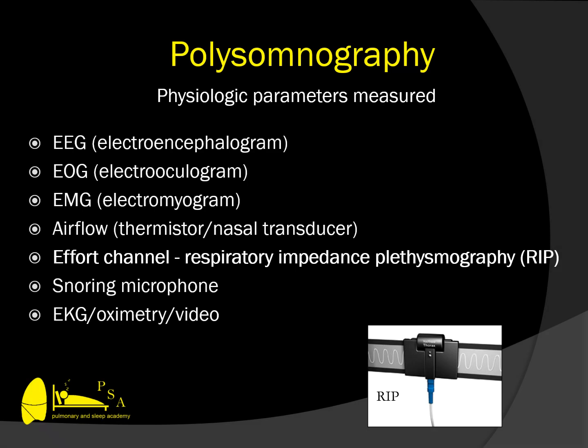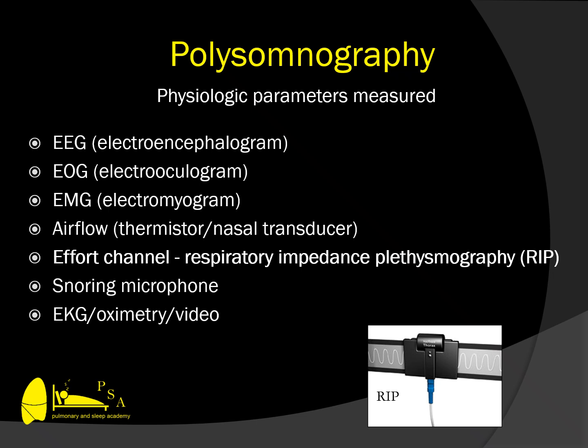You'll see that the measurement of respiratory effort is very important during a study. The gold standard here would actually be a device that's placed into the esophagus, an esophageal balloon, to measure changes in intrathoracic pressure. Again, not a very comfortable device to wear in a clinical situation, and certainly one way to scare patients off from going into your sleep center if you use that on a routine basis.